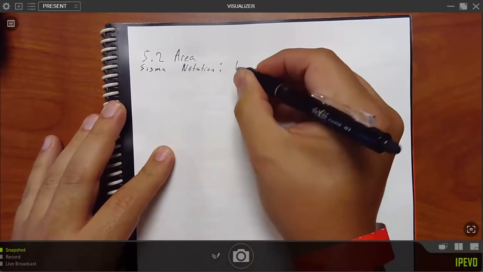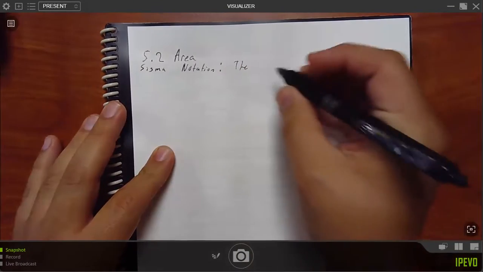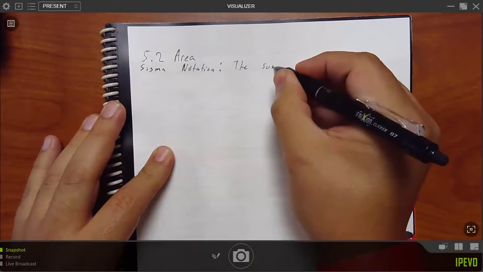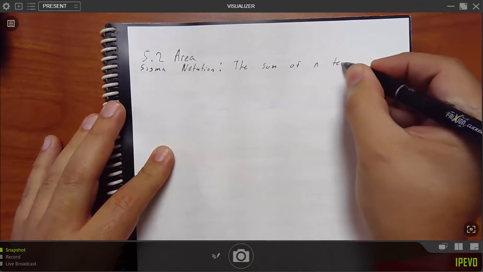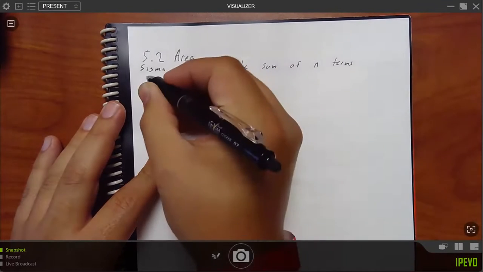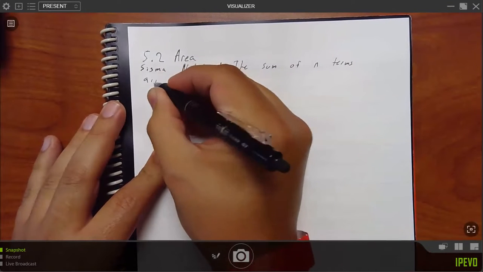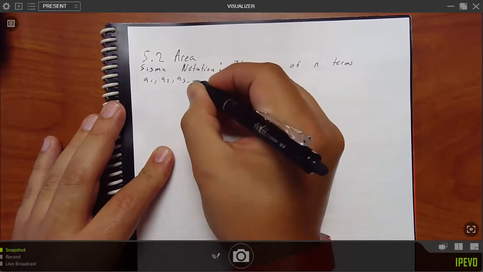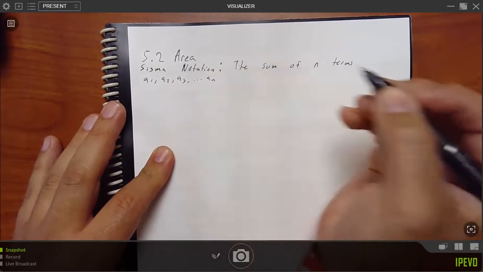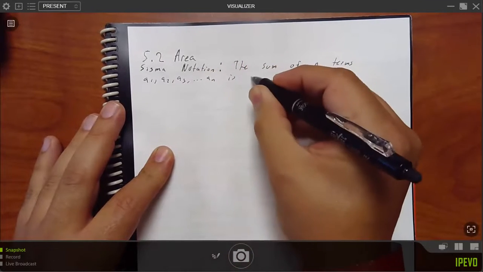So basically the sum, you may have seen this in college algebra. The sum of n terms, A1, A2, A3, all the way until An is written like this.